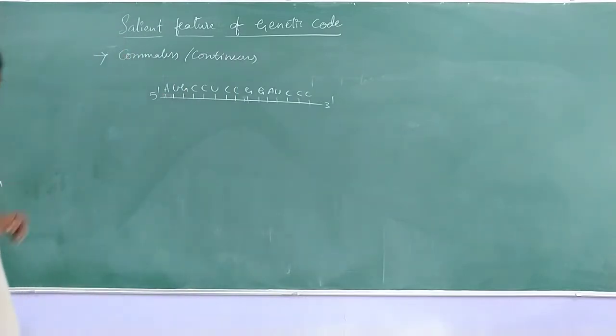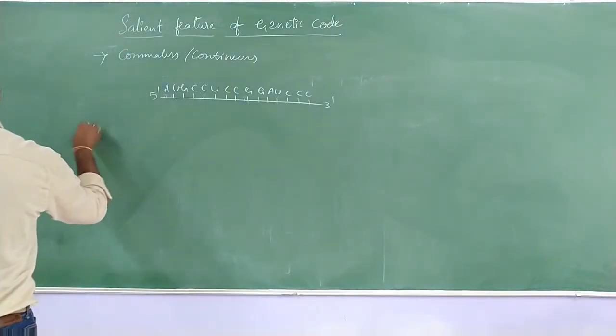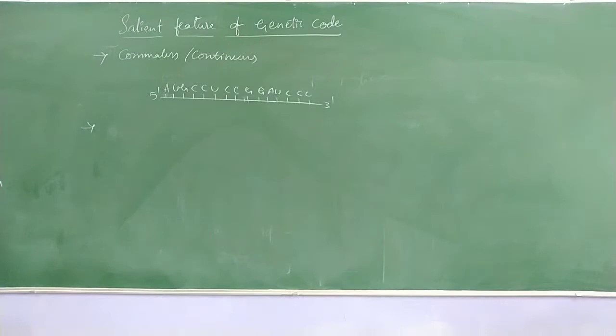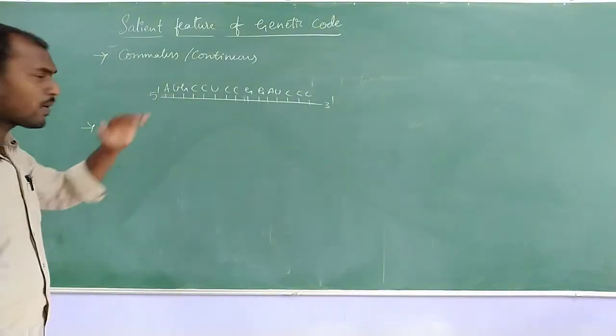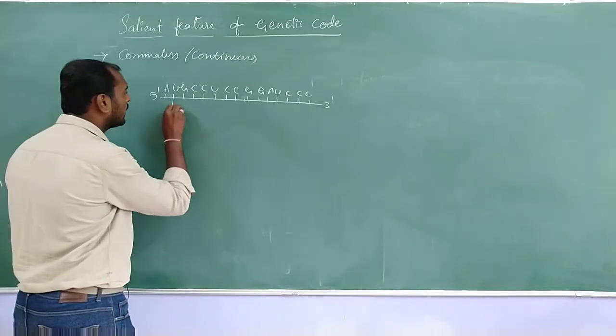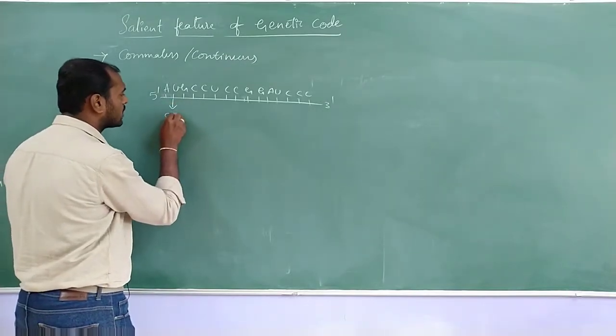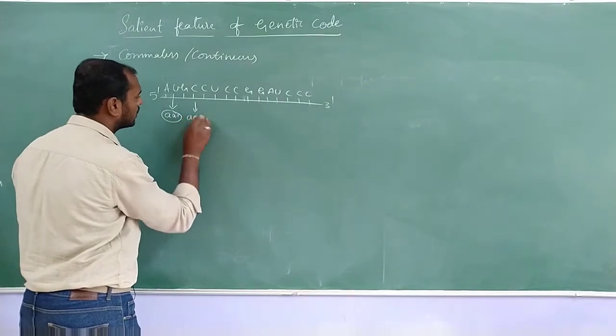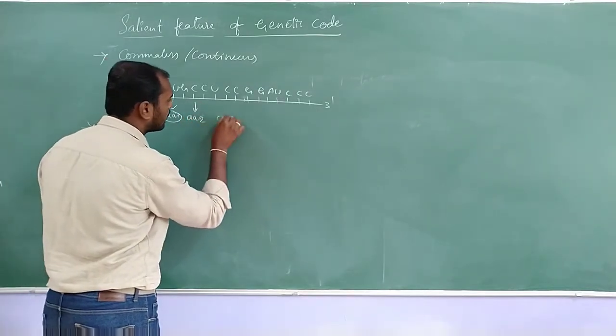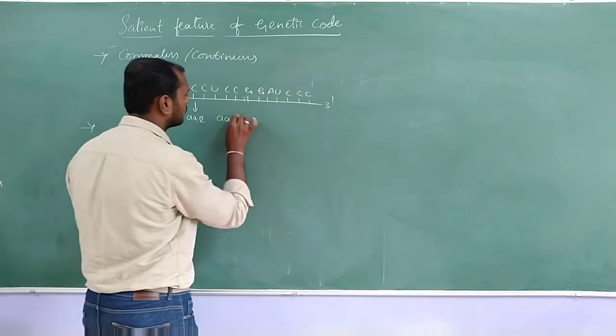So that is the fourth property of the genetic code. And this property is used in the synthesis of amino acids. For example, AUG is going to synthesize amino acid 1, and this is going to synthesize amino acid 2, and this is amino acid 3.